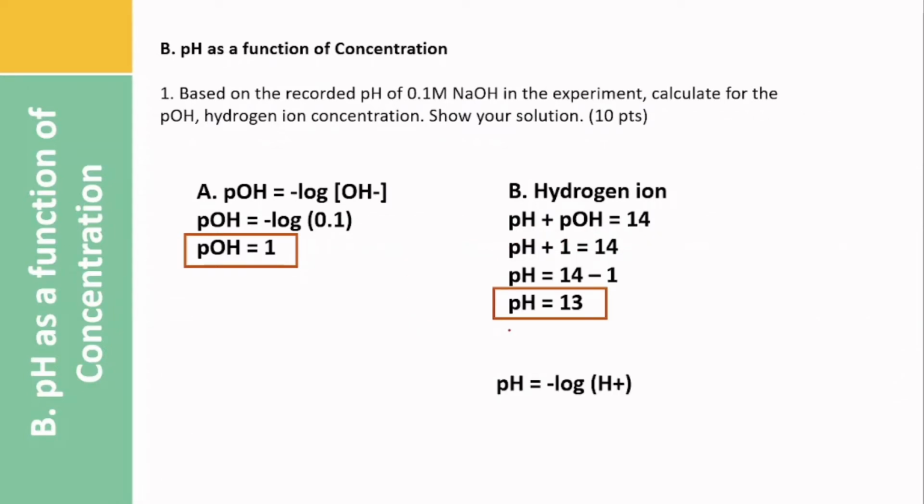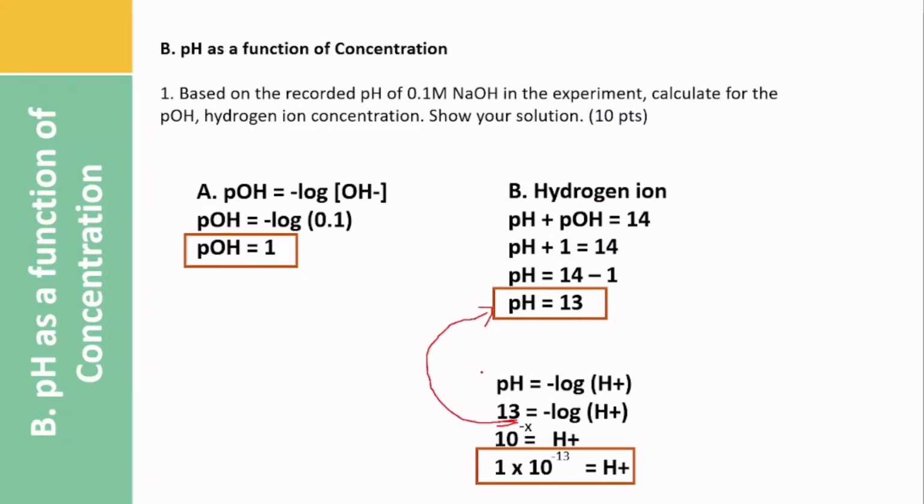Next naman po is we will get your pH pa din. Okay? pH equals the negative log of your hydrogen ion. So, gagamitin lang natin yung anti-log sa ating calculator. So, 13, yung pH 13, nakuha lang din natin yan dun sa sinolve natin kanina. pH na 13 equals the negative log of your hydrogen ion, and then i-replace lang natin siya doon sa nakuha nating pH.